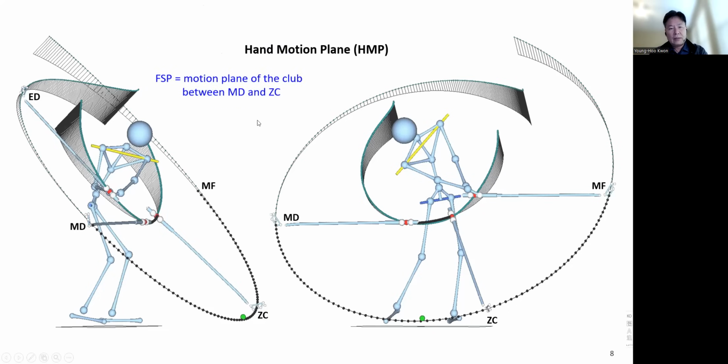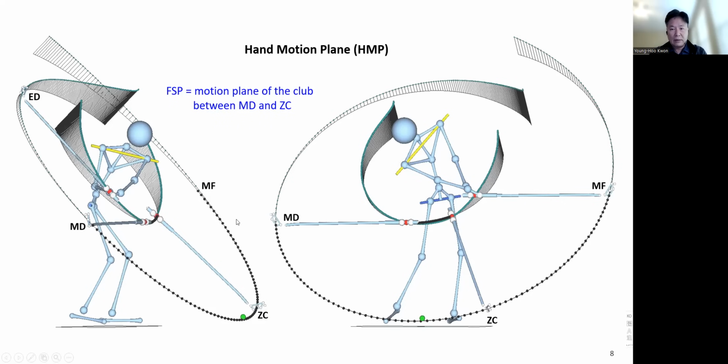So one thing important here is that the functional swing plane can be considered as the motion plane of the club between the mid downswing and the zero cocking, including the impact here. So the functional swing plane can be used in characterizing the swing pattern of the golfer.